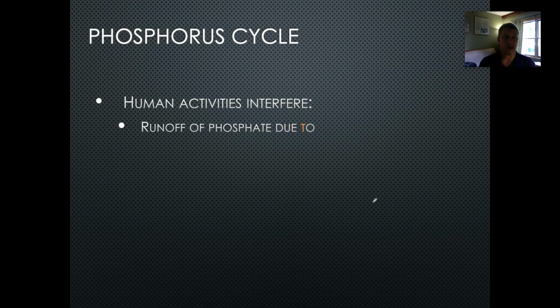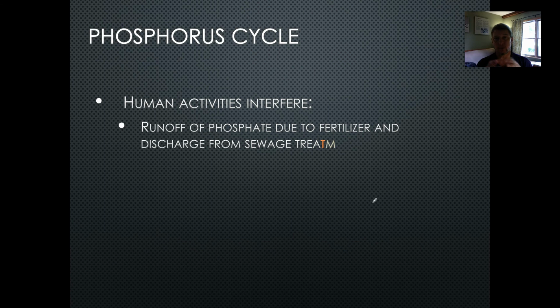Unfortunately, a lot of the stuff that you use for fertilizing your crops runs off of the land and ends up in our waterways. And so, when this happens, as well as discharge from sewer systems, can result in what we talked about earlier with the nitrogen cycle, eutrophication.